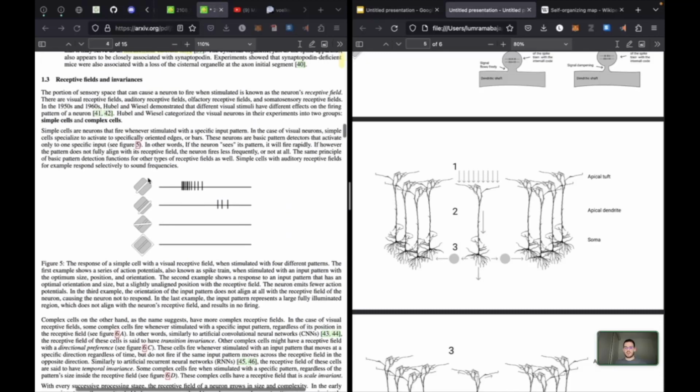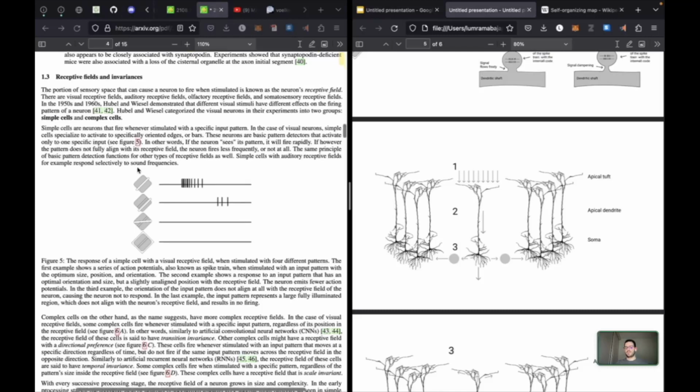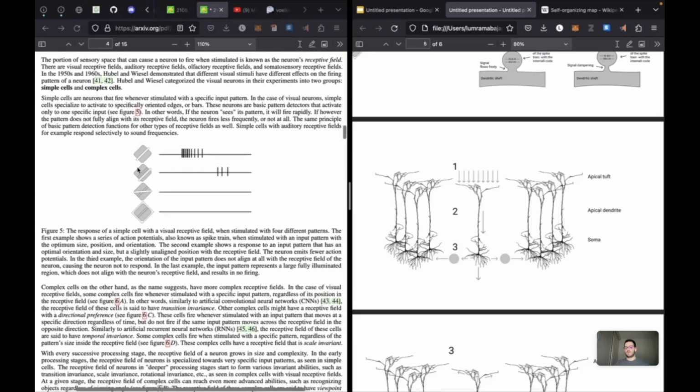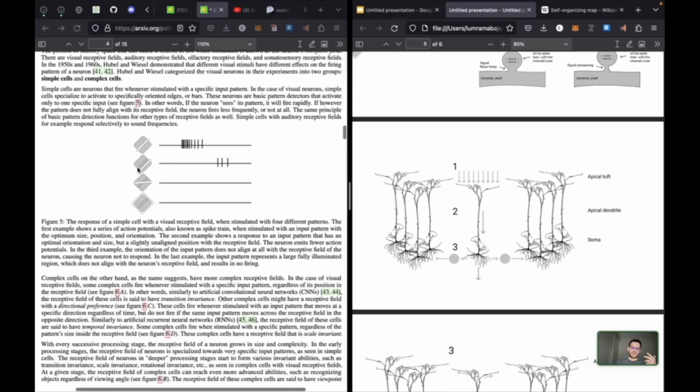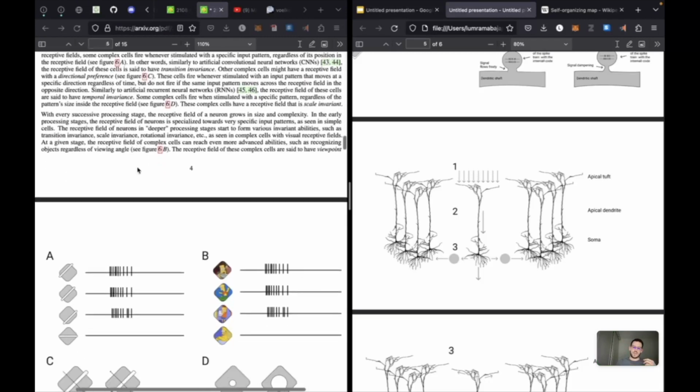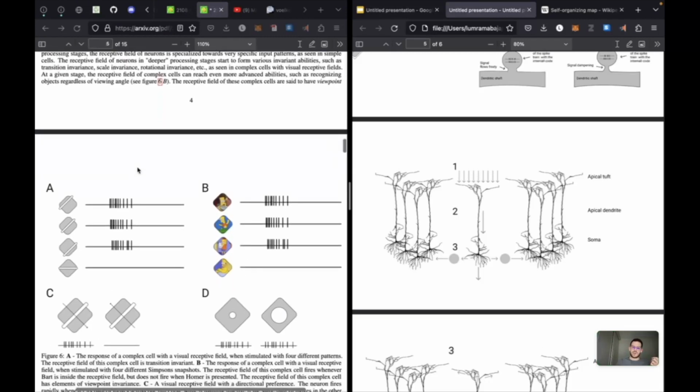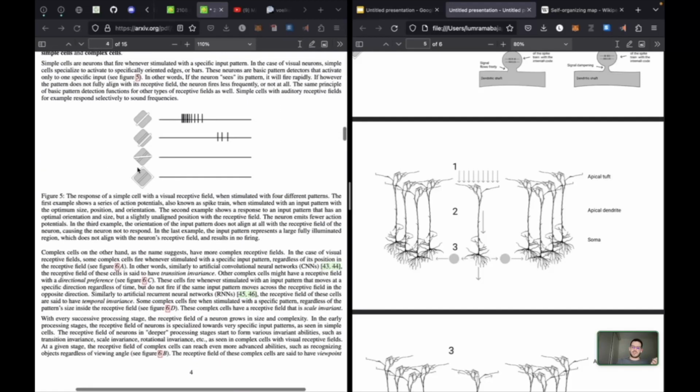So the artificial neurons in deep learning models are actually very different from how neurons in biological systems behave. For example, the brain has some cells, we divide them into simple cells and complex cells, where simple cells are essentially, like in convolutional neural networks, simple pattern detectors.